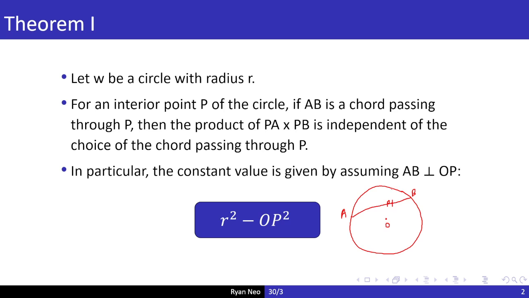If I were to choose another random chord, let's call the ends C and D, what it's saying is that PA times PB will be equal to PC times PD. Sorry, let me just switch to an eraser.